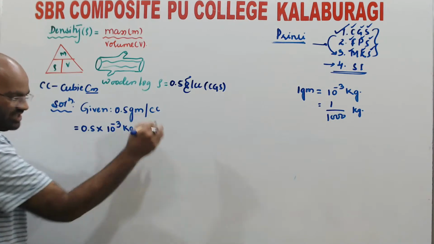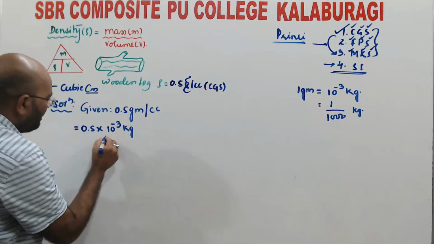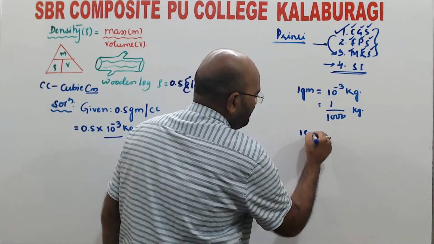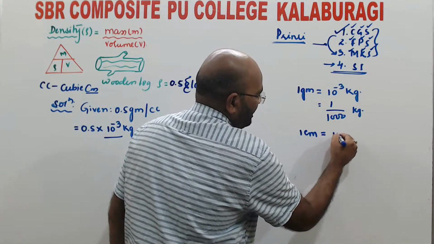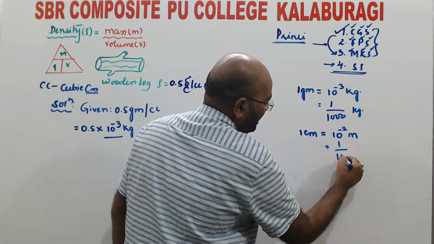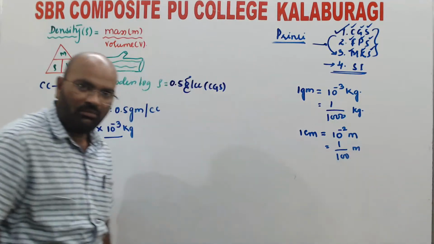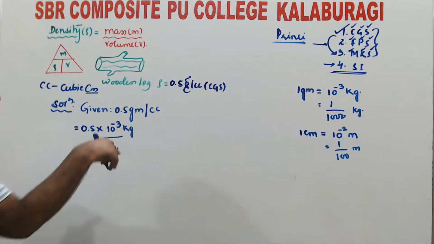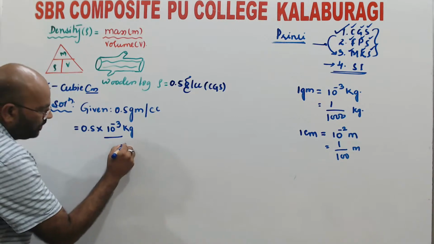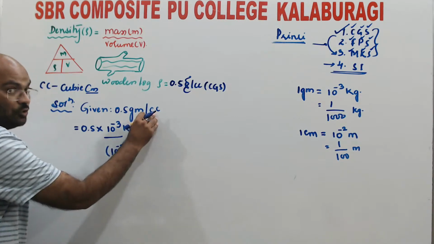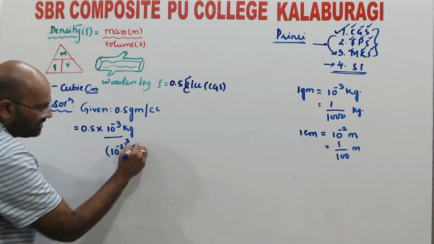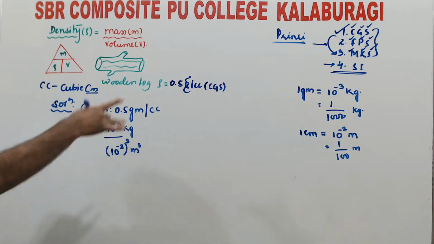Then divided by centimeter. 1 centimeter is equal to 10 raised to minus 2 meters, that is 1 by 100 of a meter. Substituting, it is 10 raised to minus 2 whole to the power 3, because it is cubic centimeter, giving cubic meter.